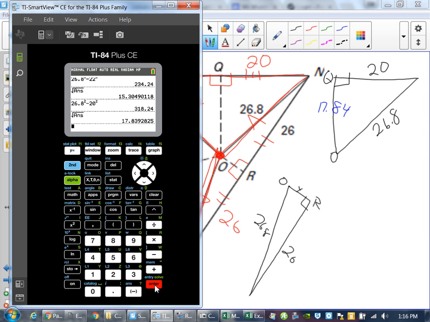And 26.8. Okay. So I square that. And 6.5. They got that?